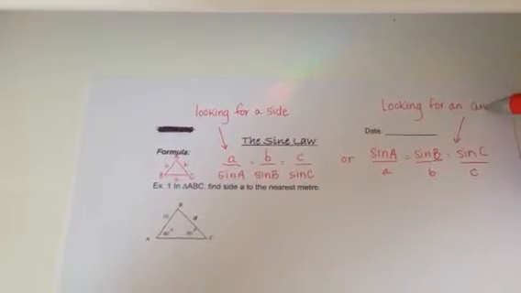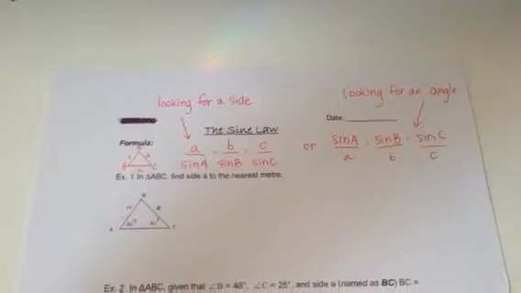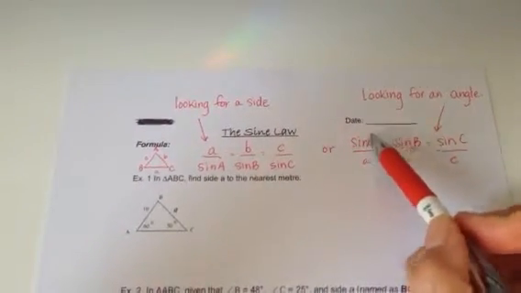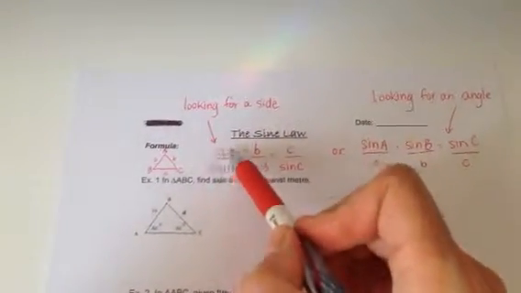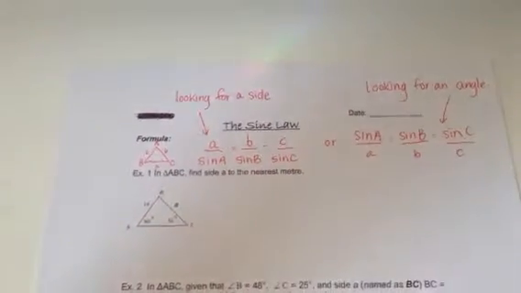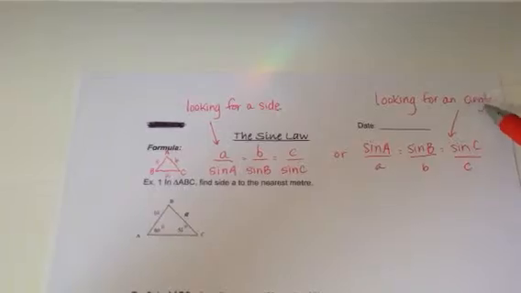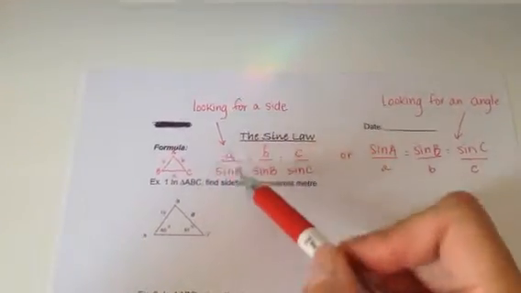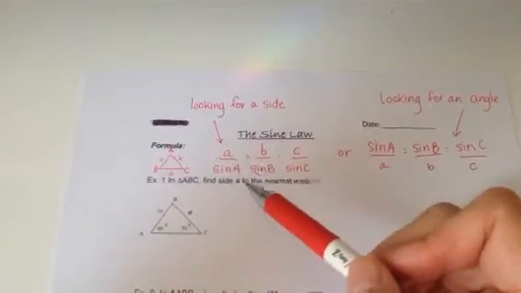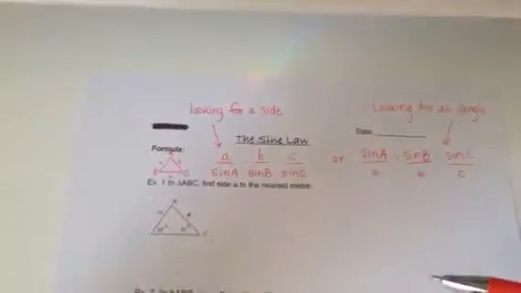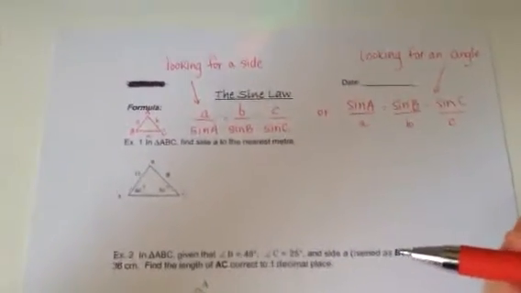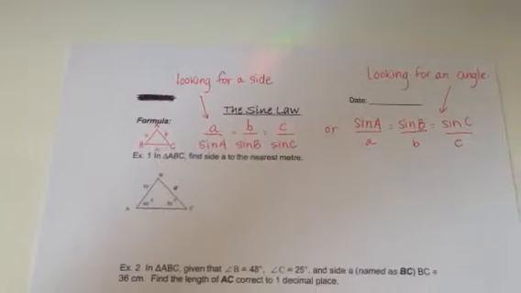The only reason why we'd use that is because the angles are already on top, and here the sides are already on top. So it just makes it easier when calculating. If you're looking for an angle and you end up using this one, you can still get the right answer. It's just more rearranging. Okay, so let's do an example so I can show you what the sine law is.